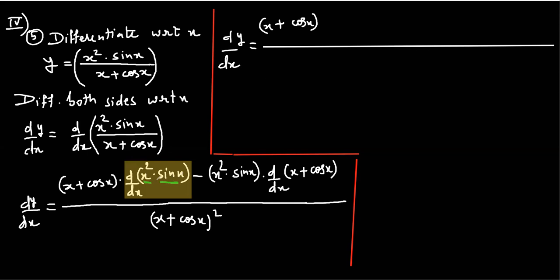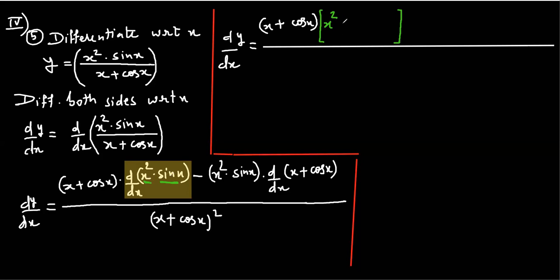Whenever we are using product rule, we get two terms with a plus sign in between. Okay, so since I'm going to get two terms, I will put a bracket here, and inside the bracket I will differentiate these two. So see here, x square into derivative of sin x.